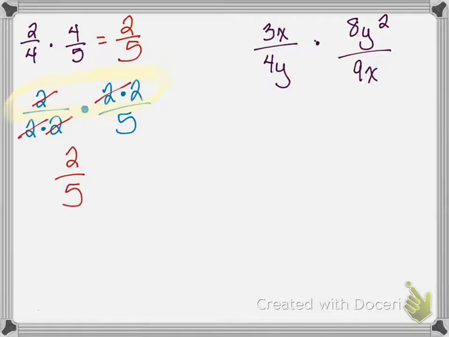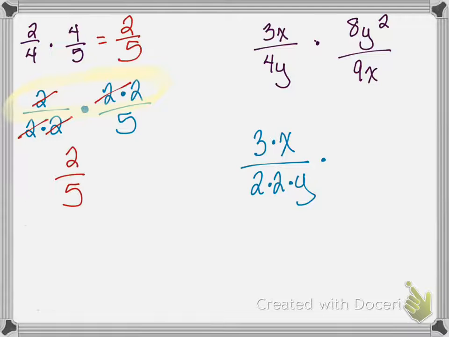Okay? We're going to do it again, and we're going to add variables. 3 does not break down. So I am just left with 3 times x. Does 4 break down? Good. 2 times 2 times y. Okay? 2 times 2 times 2 is 8.